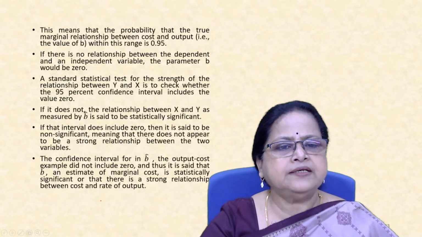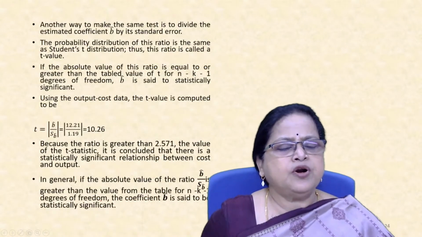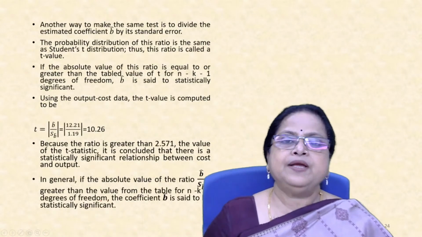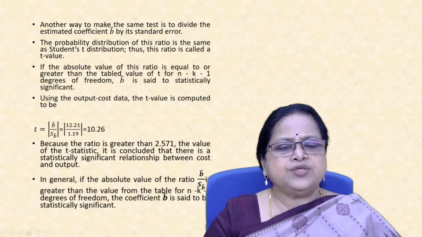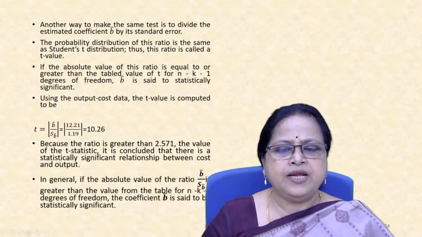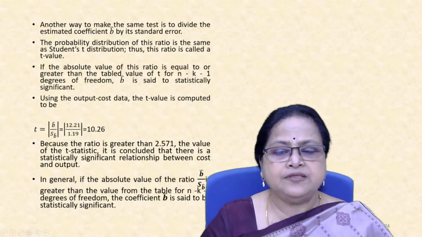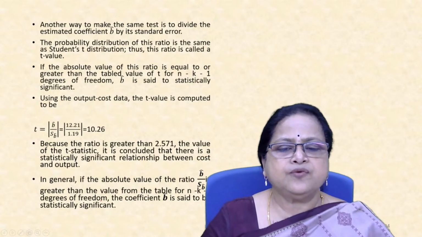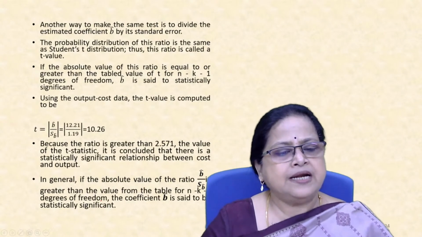1.19, and we can go for that. Here the mod value 12.21 divided by 1.19 is equal to 10.26. Because the ratio is greater than 2.571, the value of the t statistic, it is concluded that there is a statistically significant relationship between the cost and output.